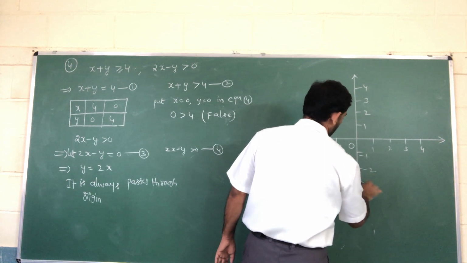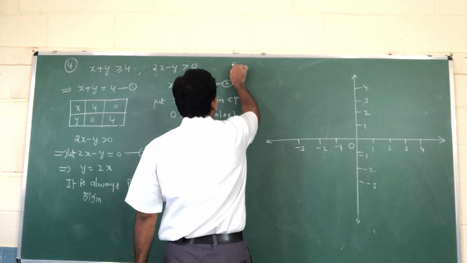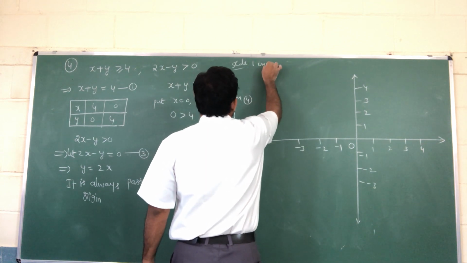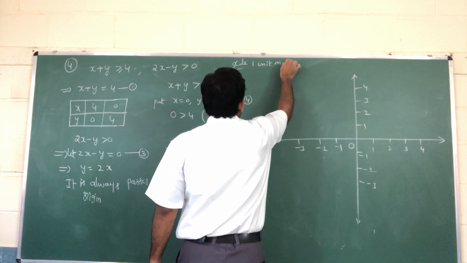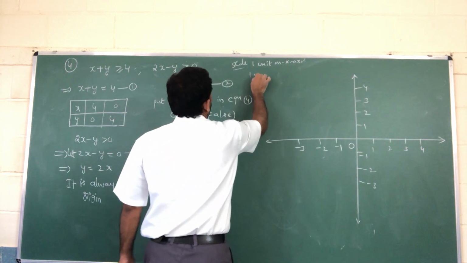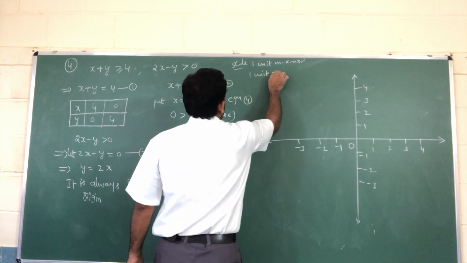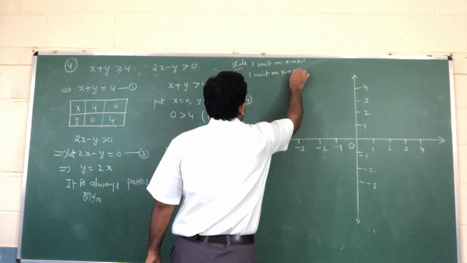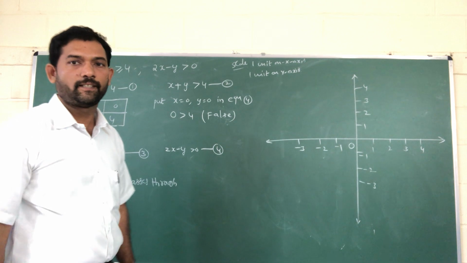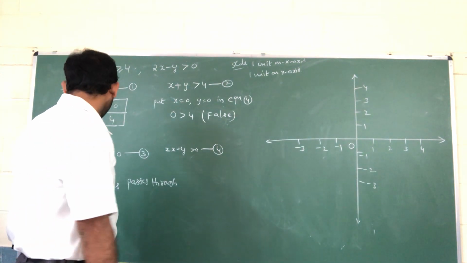So the scale is the same: 1 unit on the x-axis, 1 unit on the y-axis. Note down. Next one.